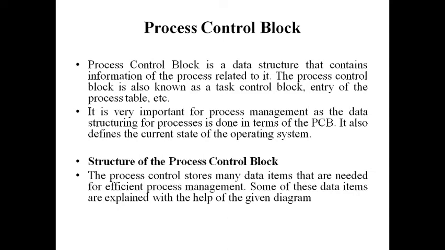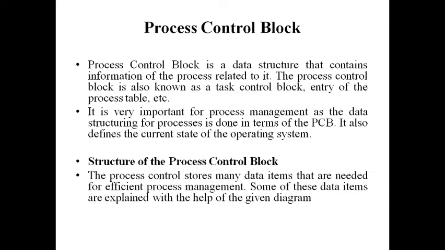When a process is executing, we only see that the process is being executed and you are getting a result. But at the back end, there are many data items needed for the process execution, stored in the process control block. Without this process control block, you cannot execute or process your program.